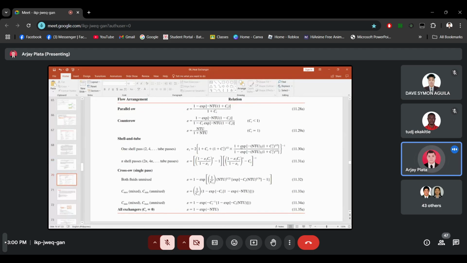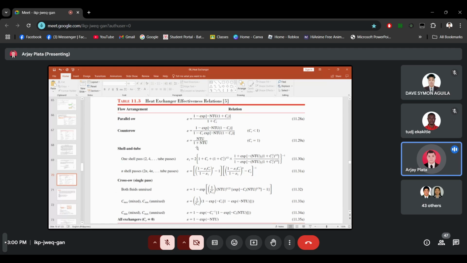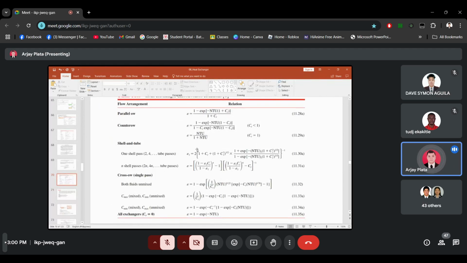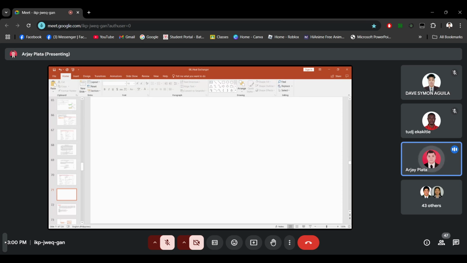So this is table 11.4. If we need to calculate for the NTU, there's another set of equations. This is for calculating the effectiveness alone given the NTU and CR. If we want to calculate the NTU, we need to use table 11.4, so you don't have to rearrange equations.